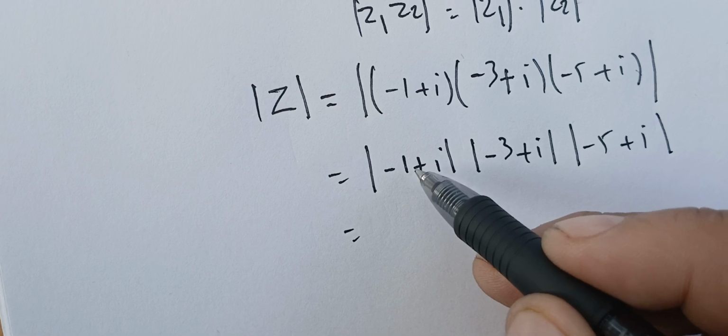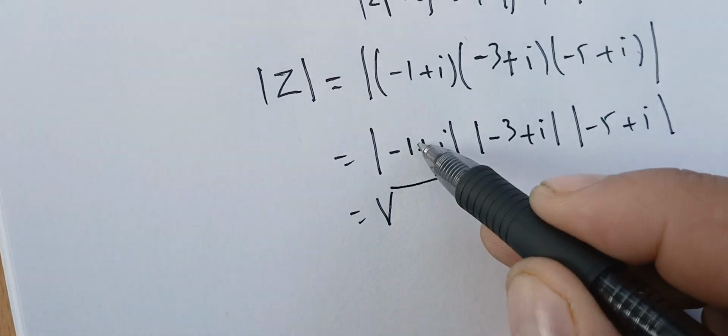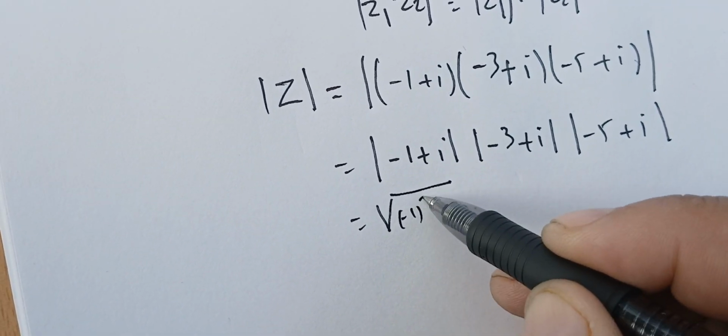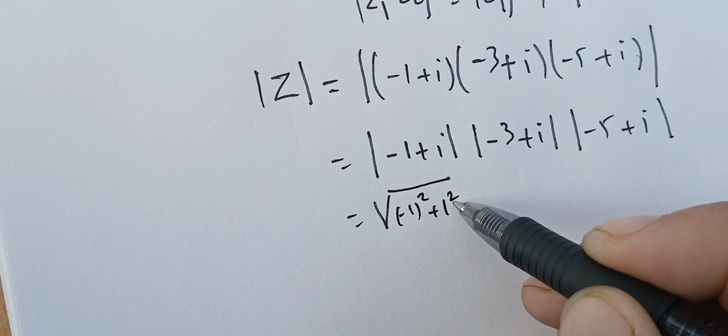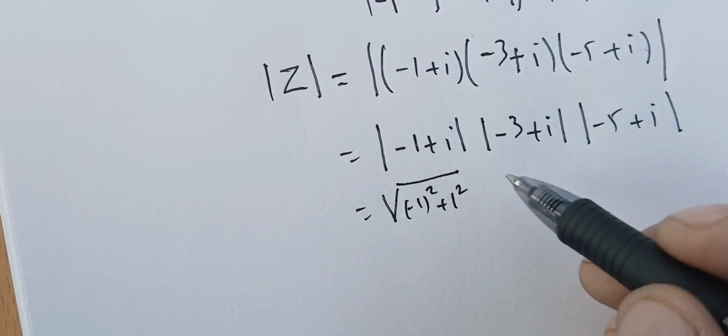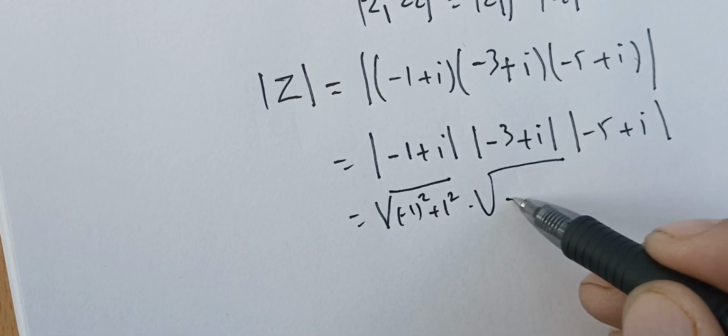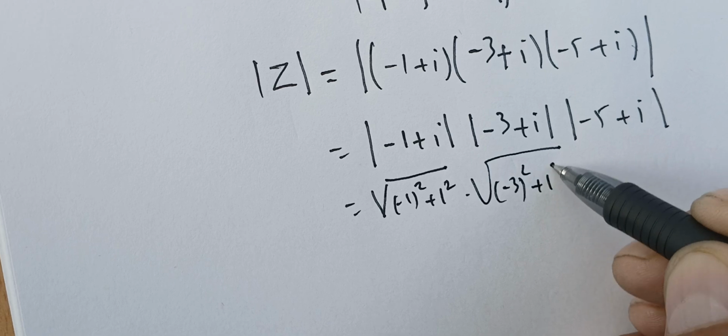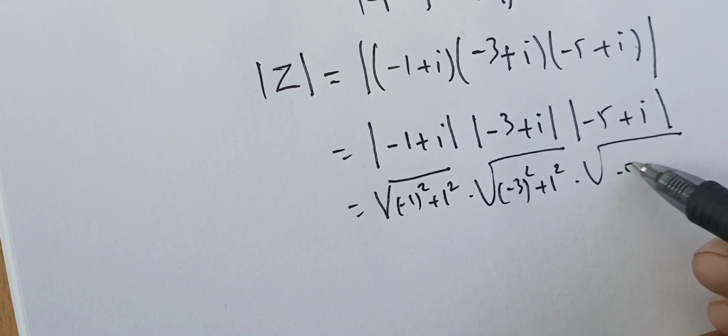First we apply the norm to all of them, and after that we apply the norm to each one. The norm of each is the square root of the real part squared plus the imaginary part squared. This one is coming from the one here: 1 times i is i. So we have the square root of minus 1 squared plus 1 squared, times the square root of minus 3 squared plus 1 squared, times the square root of minus 5 squared plus 1 squared.